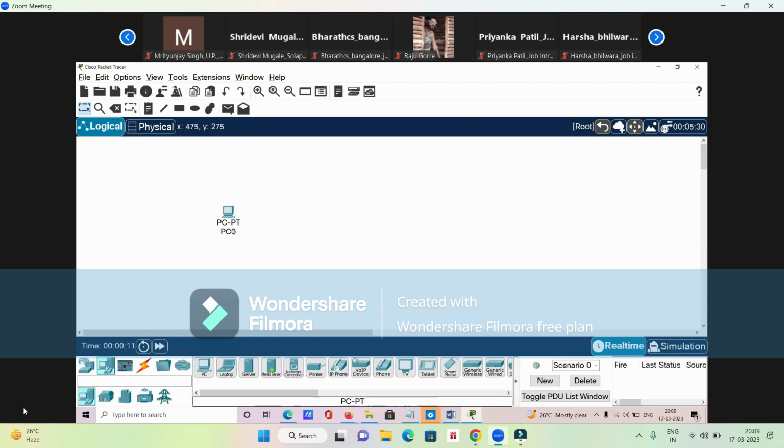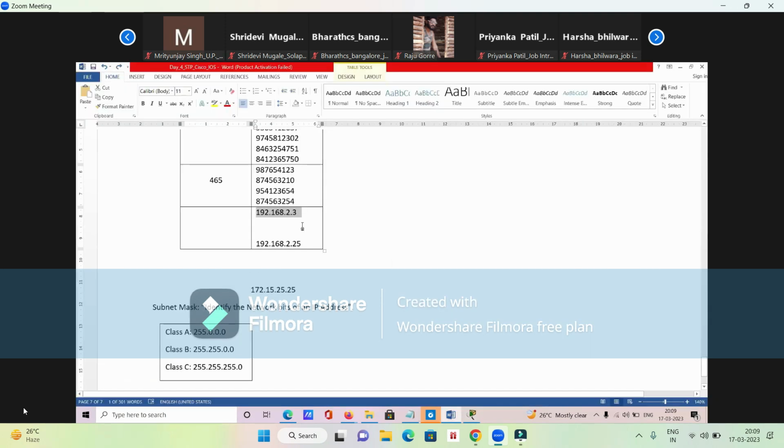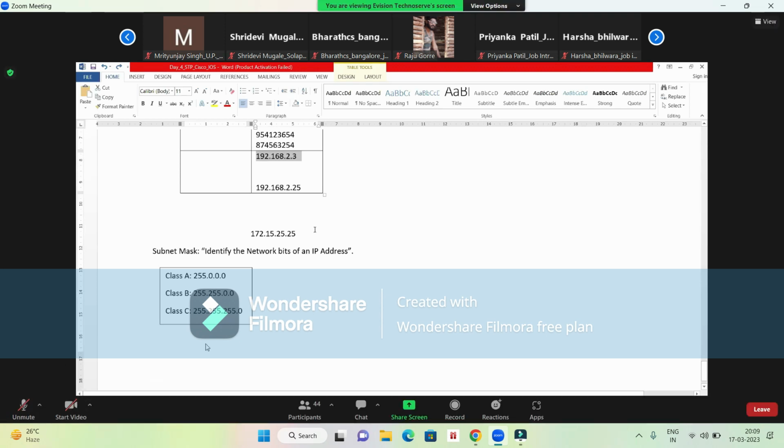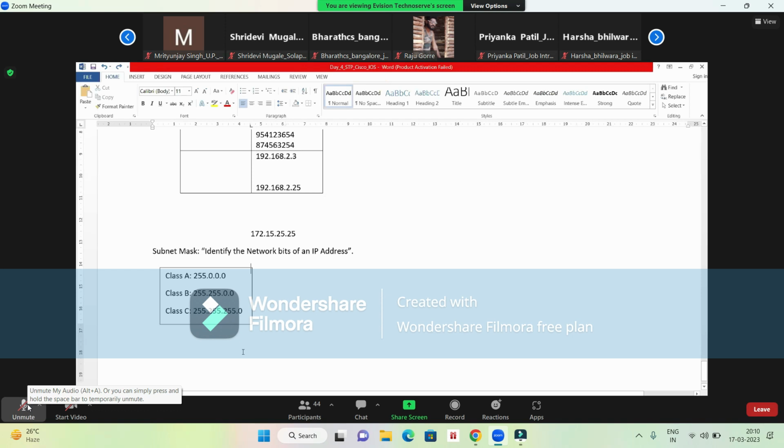Let me take one machine and let me assign the IP address as 192.168.2.3. Fine. Now, looking at the IP address, tell me this IP address belongs to which class? ये कौन से क्लास को बिलोंग करते हैं वो देखो पहले. Class C. Class C, sir. Class C. Okay. And what is the subnet mask of class C?